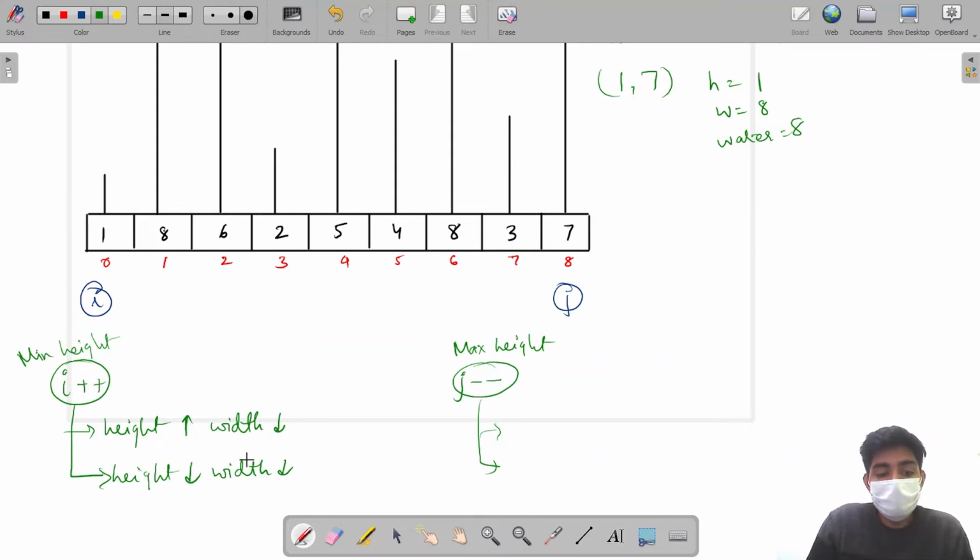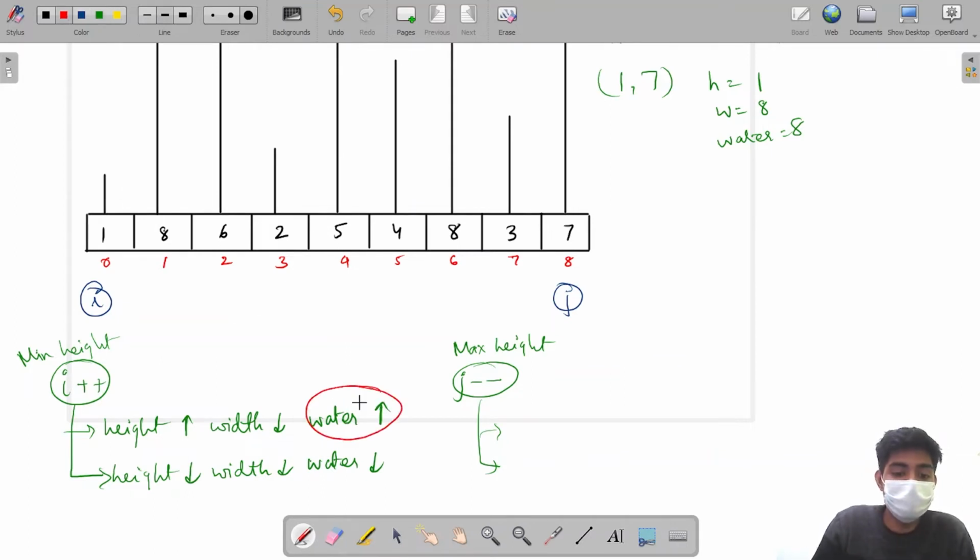If my height decreases and my width decreases, then for sure my water will also decrease. But if my height increases and my width decreases, there is a slight chance that my water can increase.